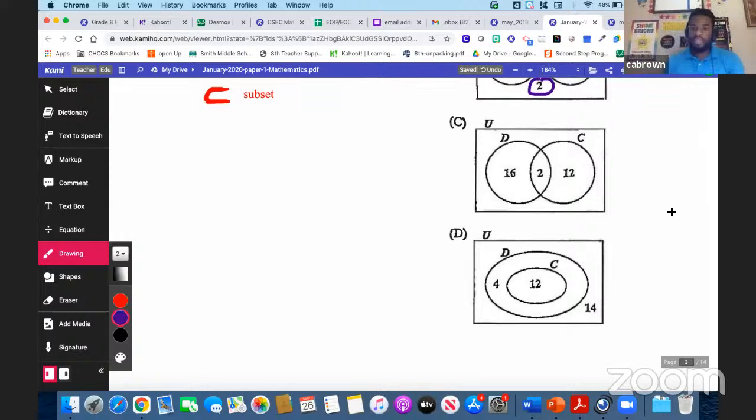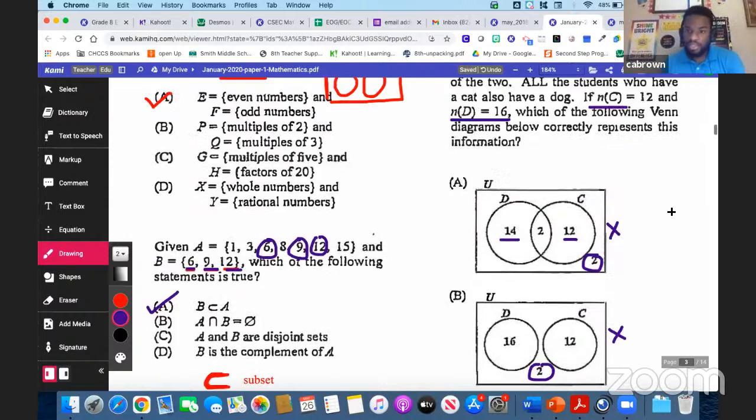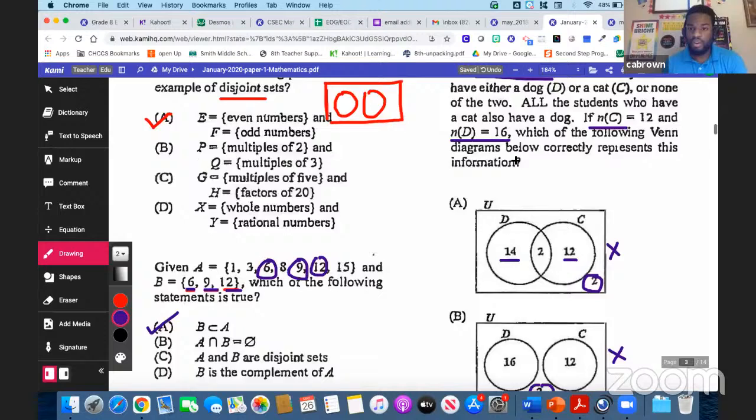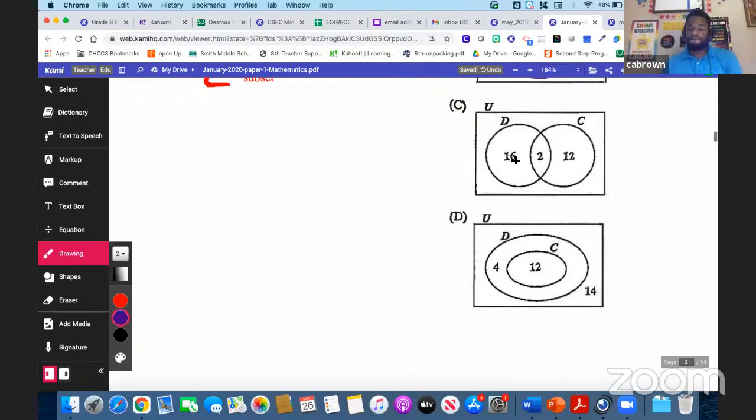All students who have a cat also have a dog. Looking at it, if you have a cat, you must have a dog. This is saying that there are two in the intersection, and we weren't given any information for that.